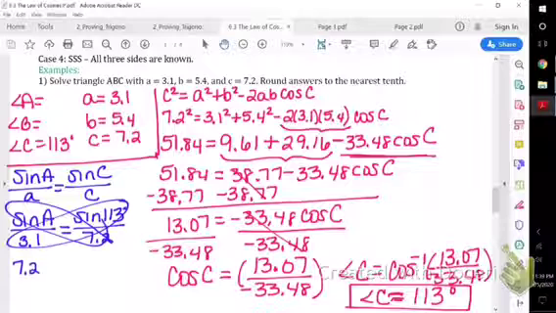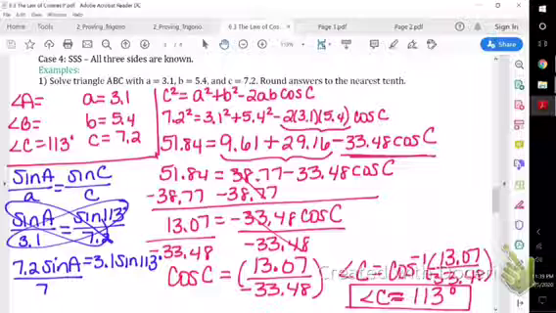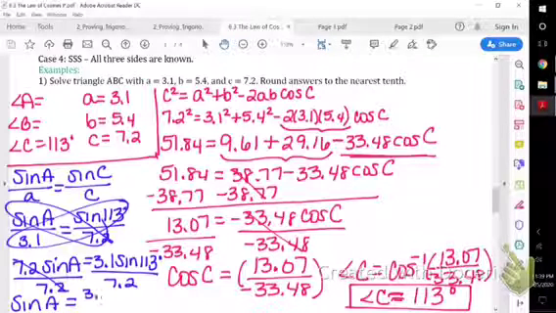So 7.2 times sine A equals 3.1 sine of 113. Divide by the 7.2. I am almost out of room here. And so sine of angle A is equal to this fraction.